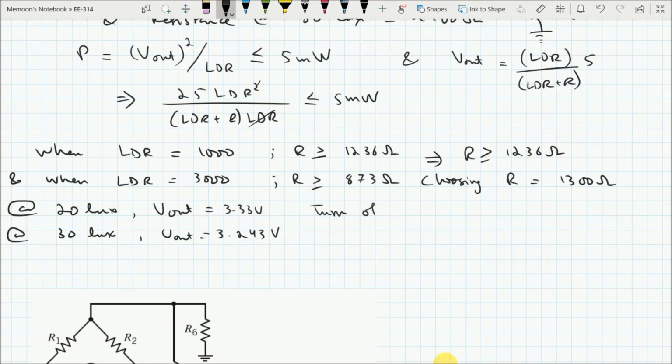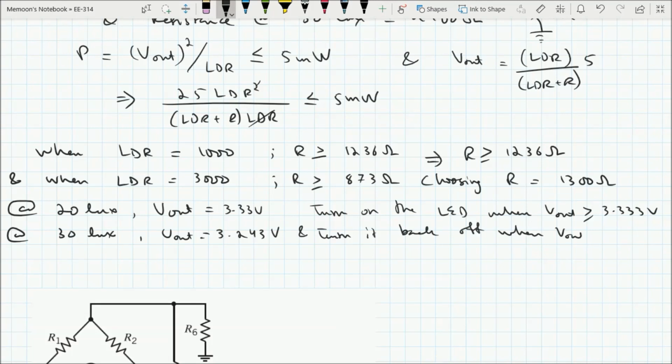Turn on the LED when V out is greater than or equal to 3.333 volts, and turn it back off when V out is less than or equal to 3.243 volts.